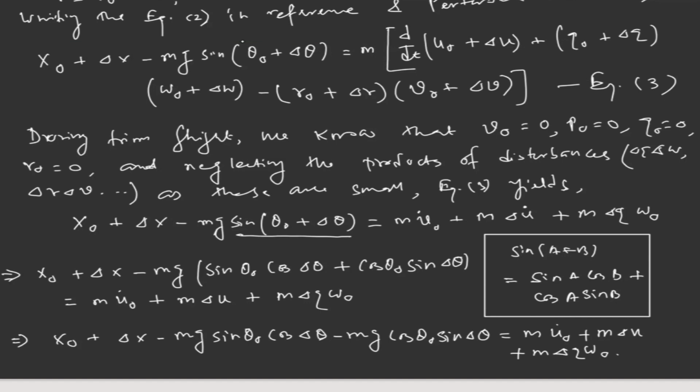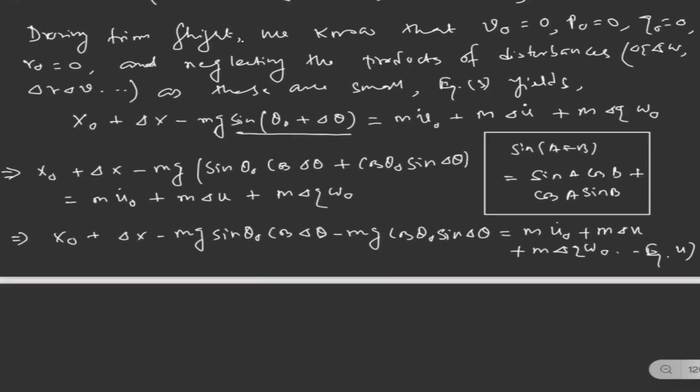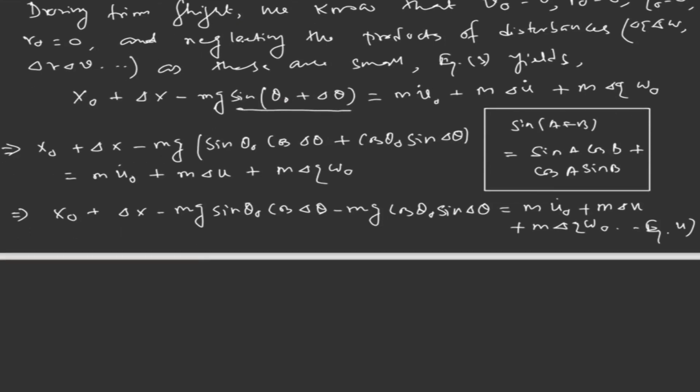Let's write this as equation number 4. Our main motivation is to find the expression in terms of perturbed variables, the rate of change of perturbed variables. And our motivation is how we can neglect or reduce the perturbation with some control.